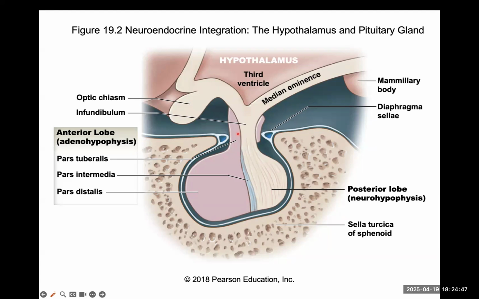So there's the anterior lobe, and there is the posterior lobe. So there are 2 lobes. And the first one, the anterior lobe, is also known as adenohypophysis. The word adeno, first I'm going to say hypophysis, means pituitary gland.